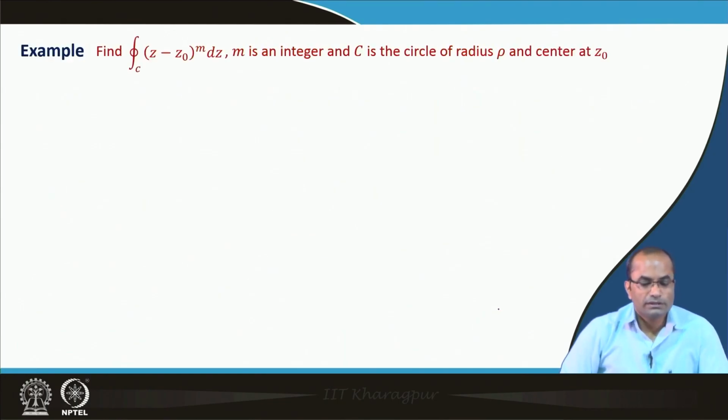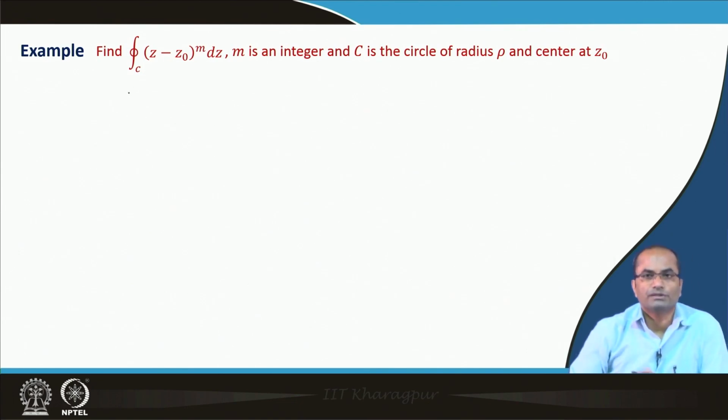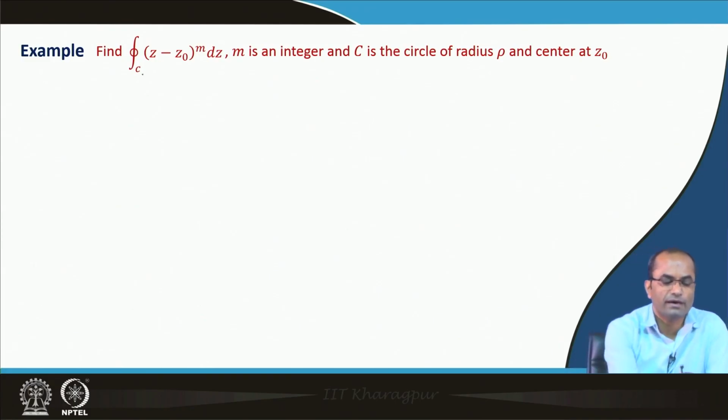Well, this is one example which we will discuss here for the evaluation. This is an important example whose value we will use later on, so we will not evaluate it every time. This is a standard example.